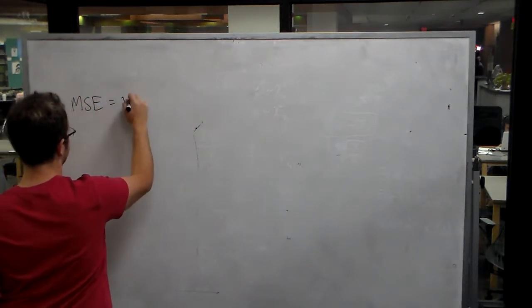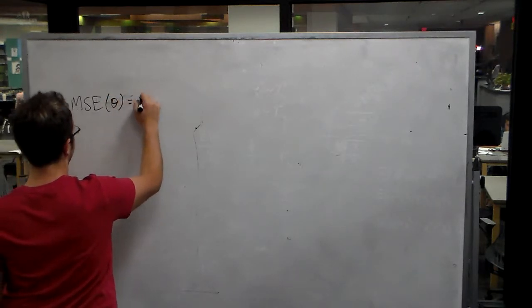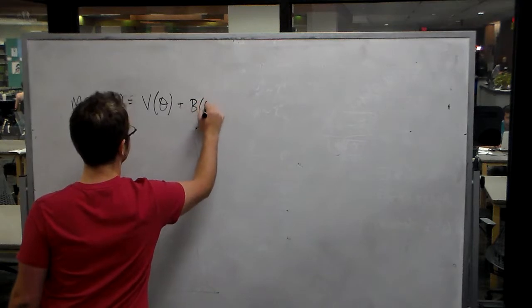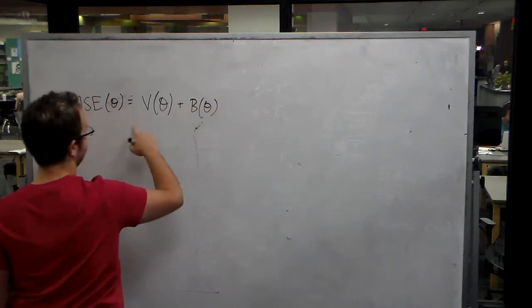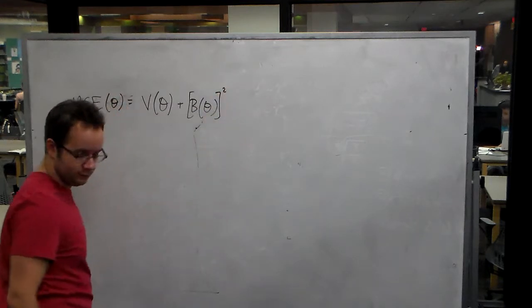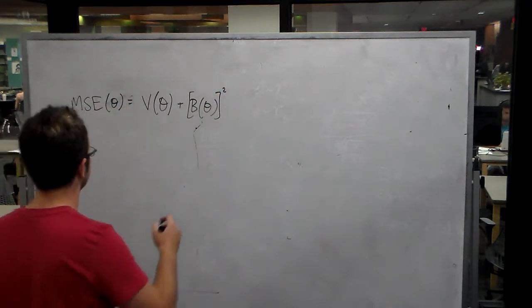MSE of some estimated theta is equal to the variance of theta plus the bias of theta, squared.